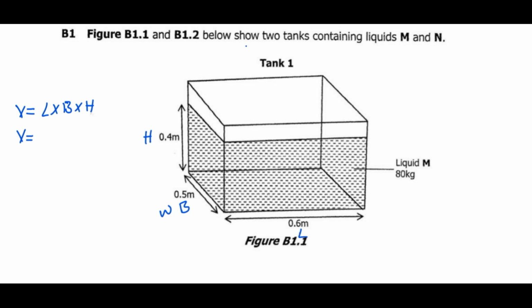The length is 0.6 meters times 0.5 meters multiplied by the height, 0.4 meters. So let's multiply 0.6 by 0.5 times 0.4. I'm getting 0.12 cubic meters. So this is the volume for liquid M.